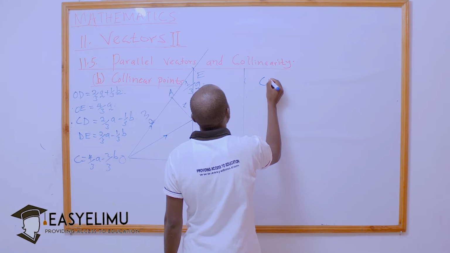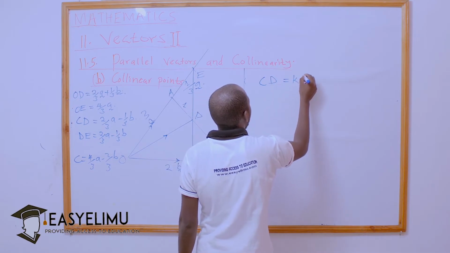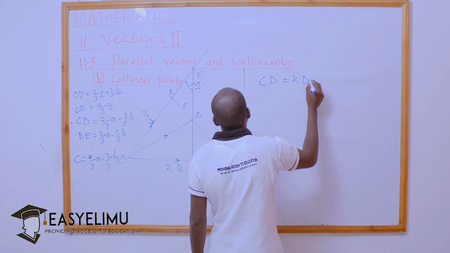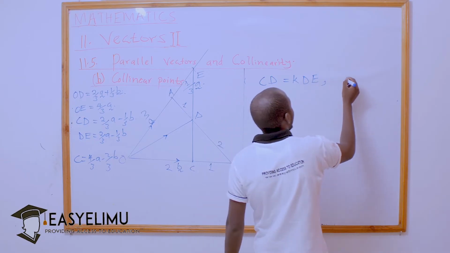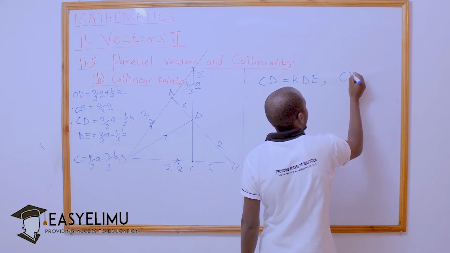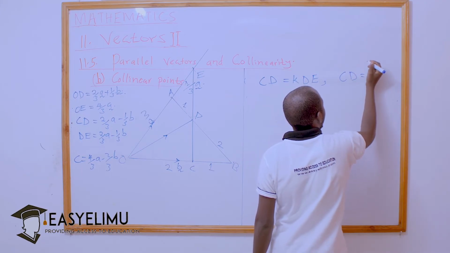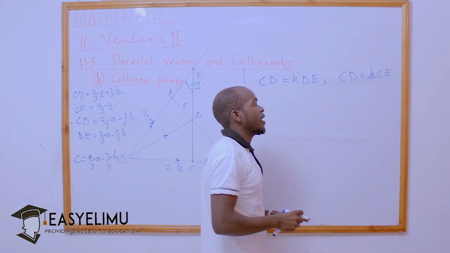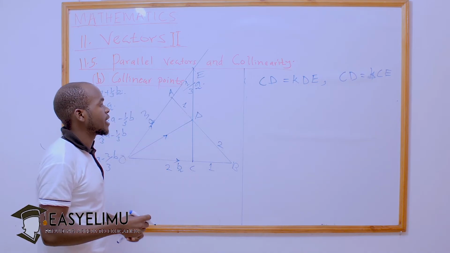Now we can try it in several ways. We can take CD equal to k DE, or we can do it in this way, in that we say CD is equal to k CE, in order to satisfy that rule of parallel vectors.